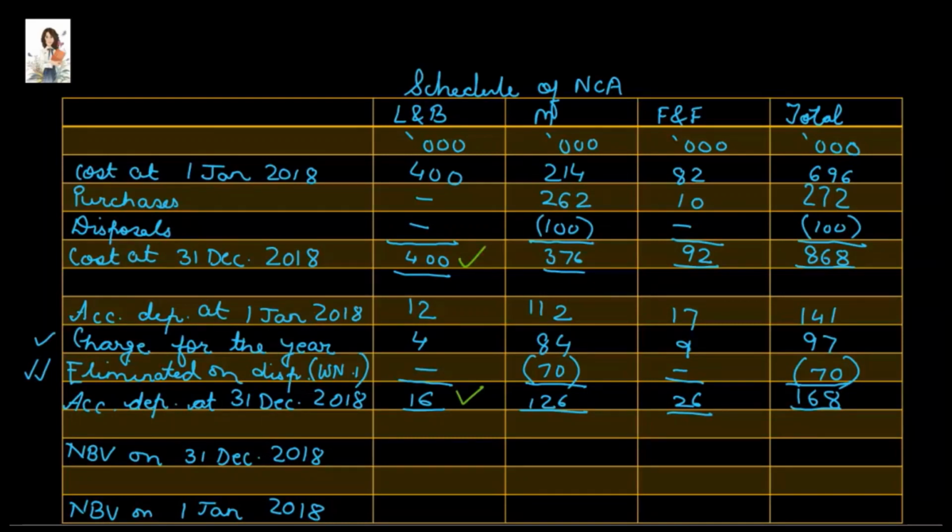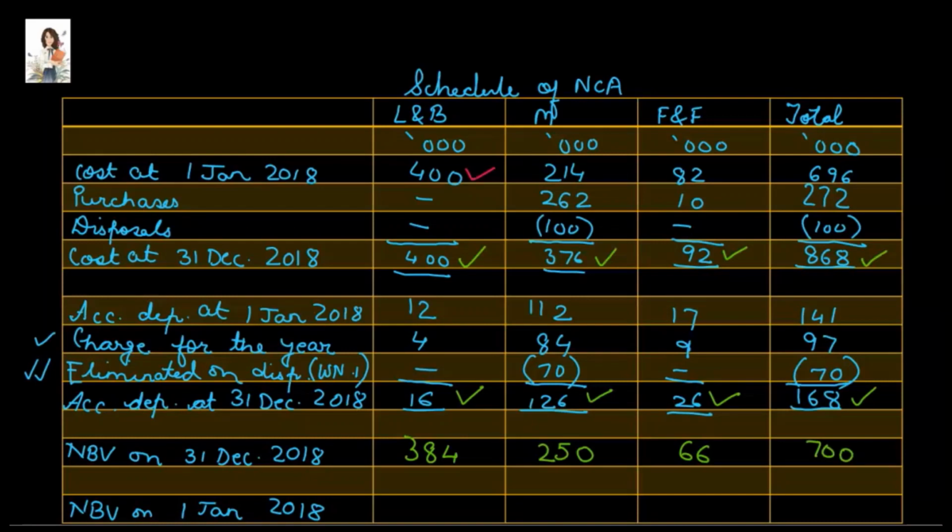We can find out the net book value on the last day of the year, that is cost minus accumulated depreciation on the last day of the year, which is $384,000 for land and building. Same way, we will subtract $126,000 from $376,000 to arrive at the net book value of plant and machinery on the last day of the year, $250,000.